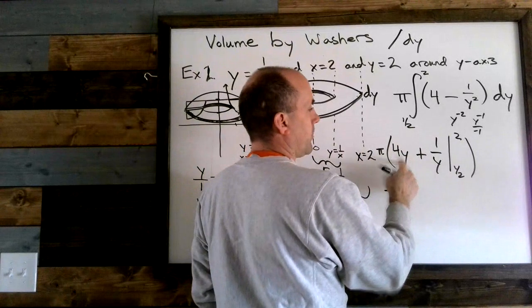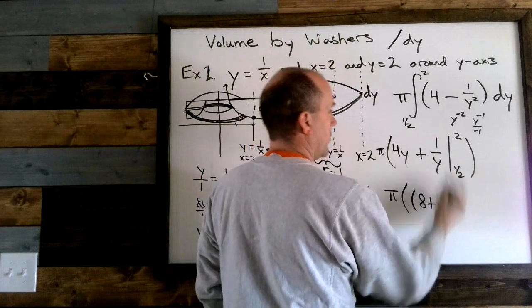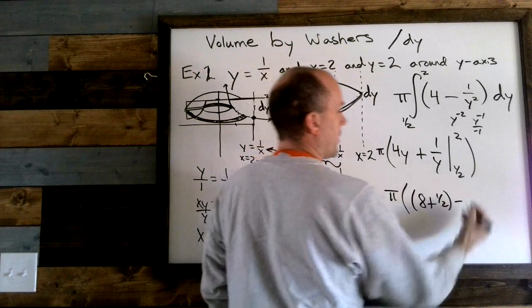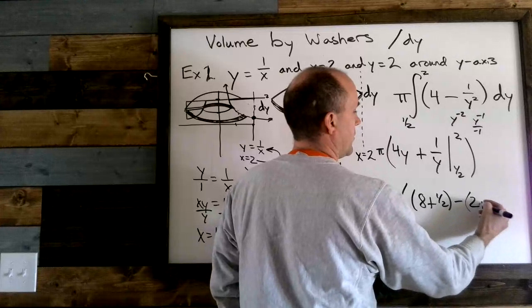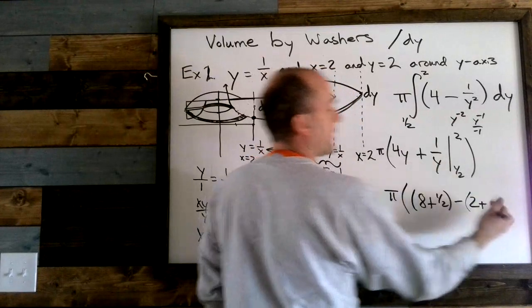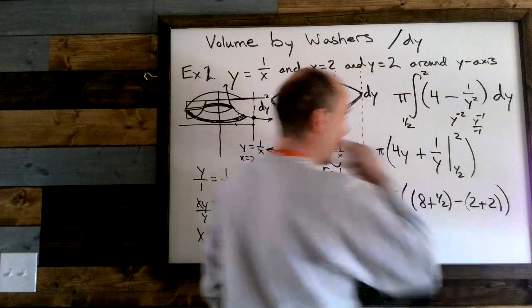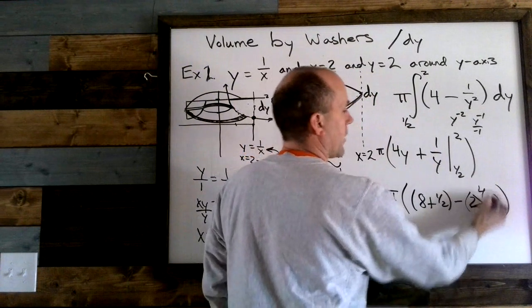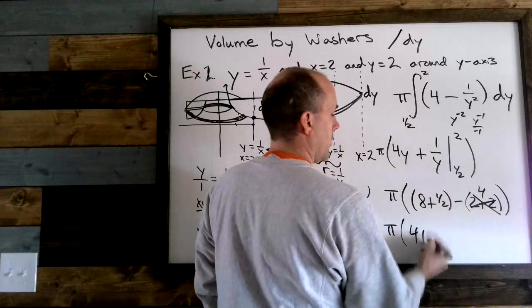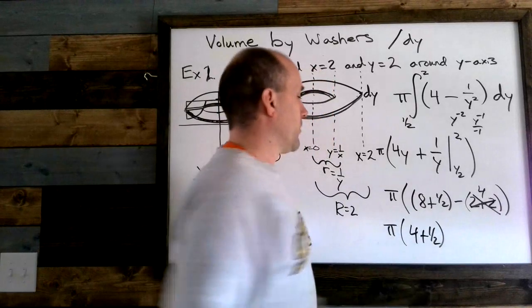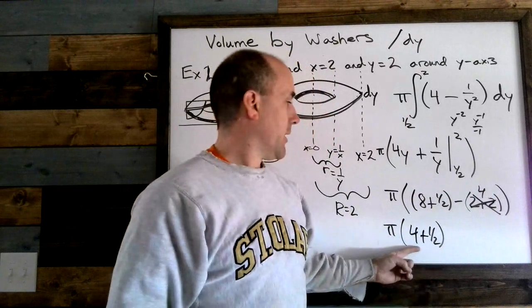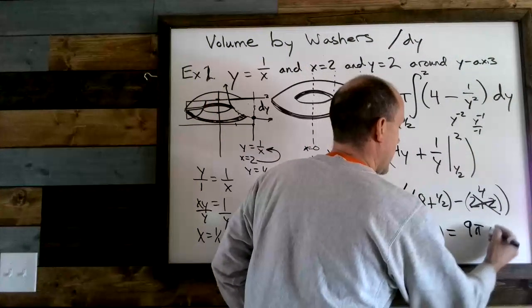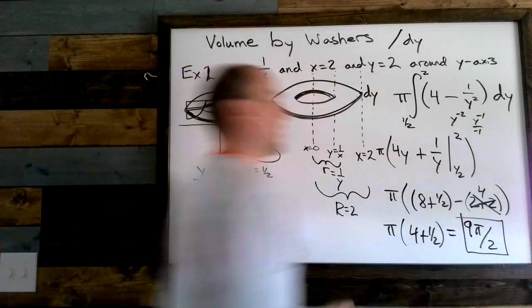Plug in the 2, and we get 8 plus 1/2 minus, plug in a half here, and we get 2 plus, plug in a half here, 1 over a half is 2. So we have pi times, let's see, this ends up being 4. 8 minus 4 is 4 plus a half. So we end up with 8 halves plus 1/2 is 9 halves. Or 9 pi over 2 is our final result.